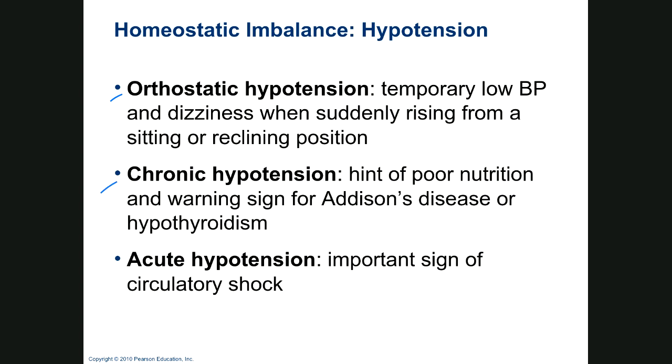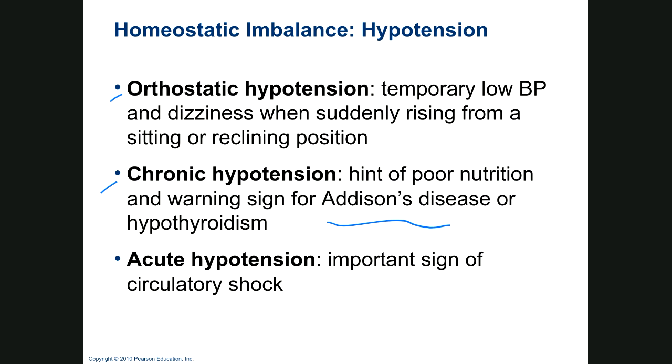Maybe they have Addison's disease. With Addison's disease, they don't produce the right amount of aldosterone or other corticosteroids, and they lose water and sodium. With poor nutrition, lack of plasma proteins, somebody who's not getting protein in their diet due to just not eating good proteins, or they have low protein because they're anorectic.